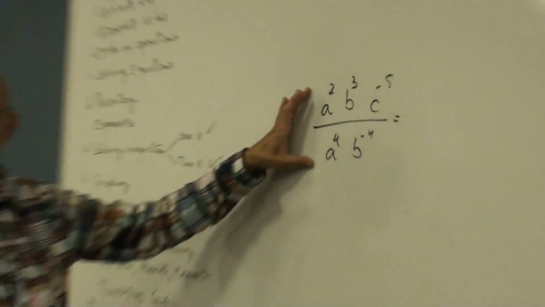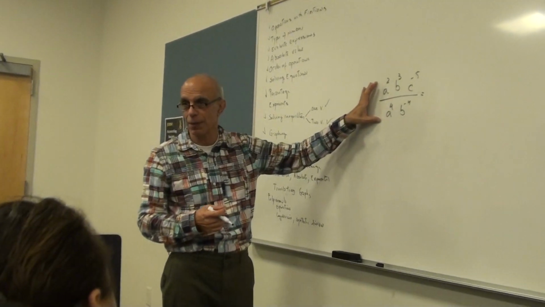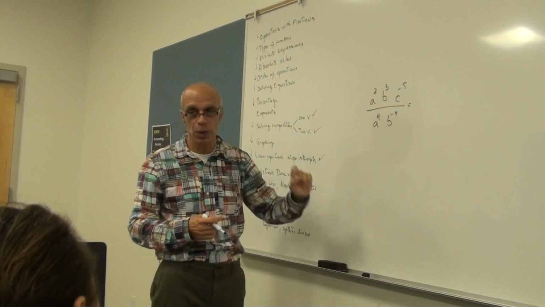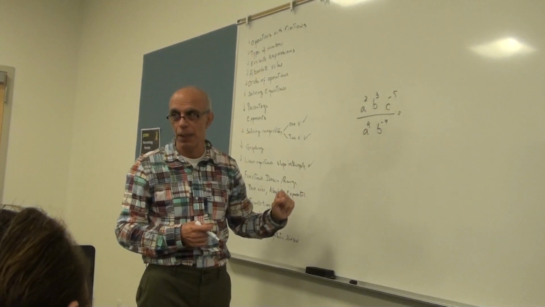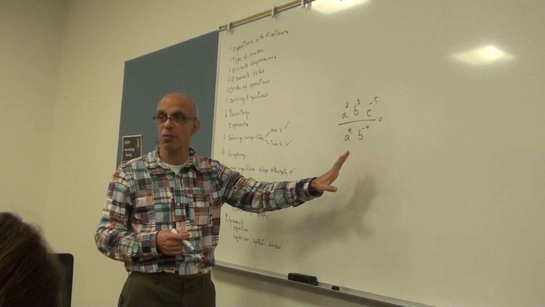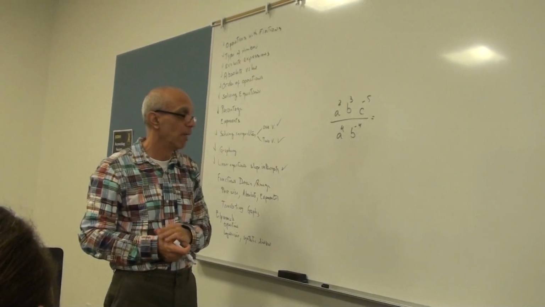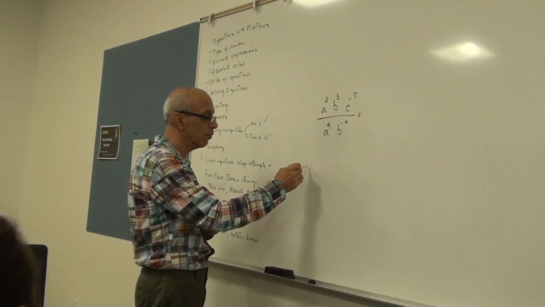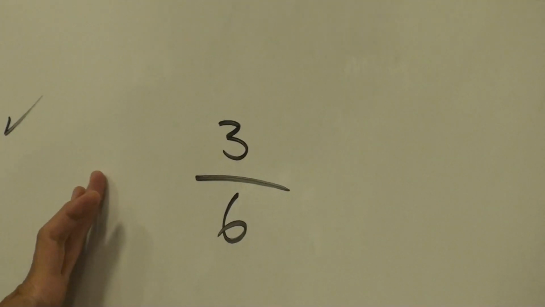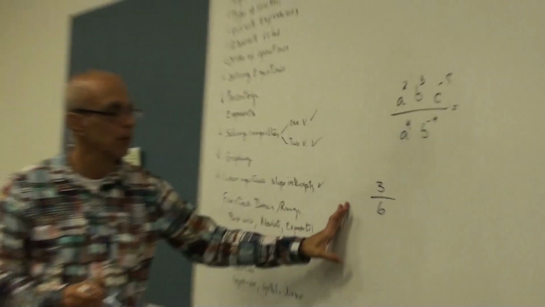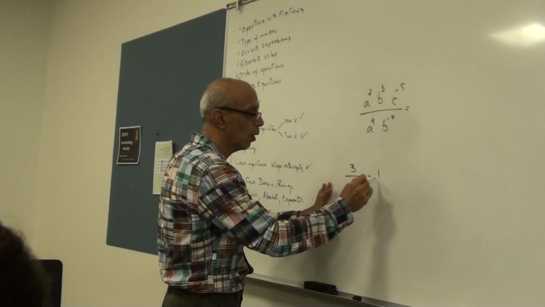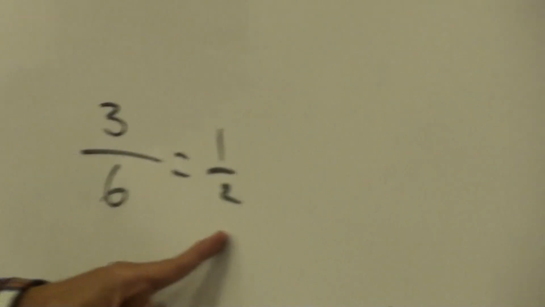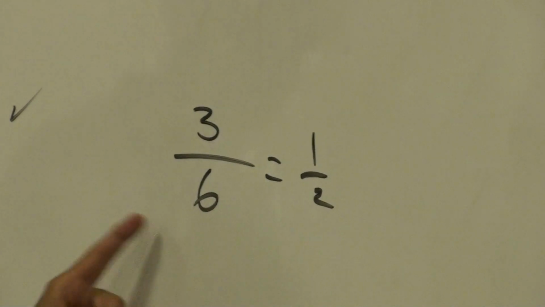Very important is never leave a final answer with a negative exponent, okay? And also give the simplest form. It's like a fraction, for instance. You're not going to leave an answer like this, 3/6. That's not the simplest form of a fraction. So this would be 1/2. So this has to be the final answer, not this one, okay?